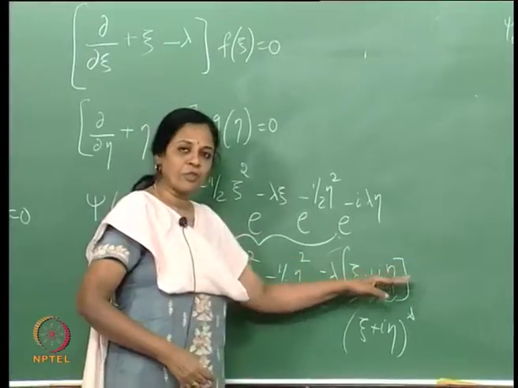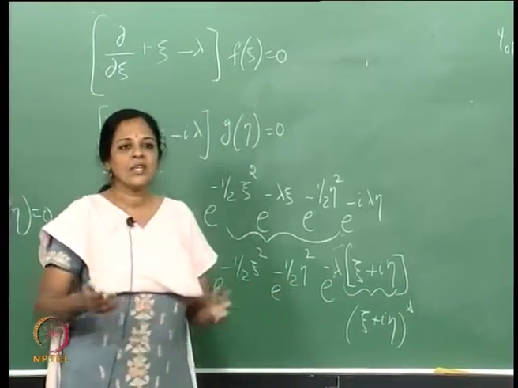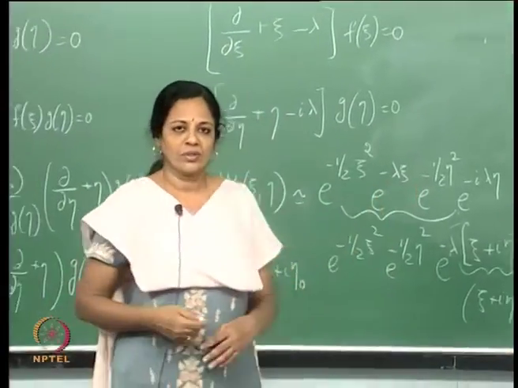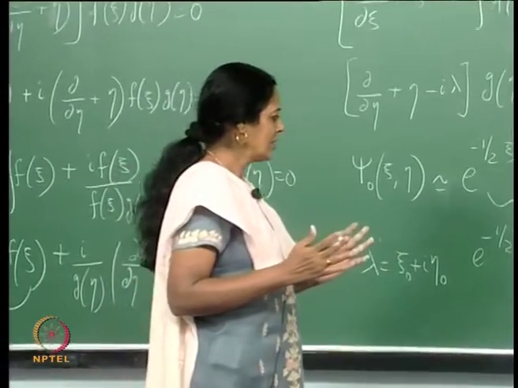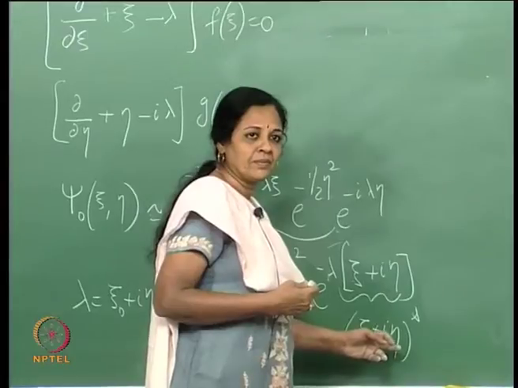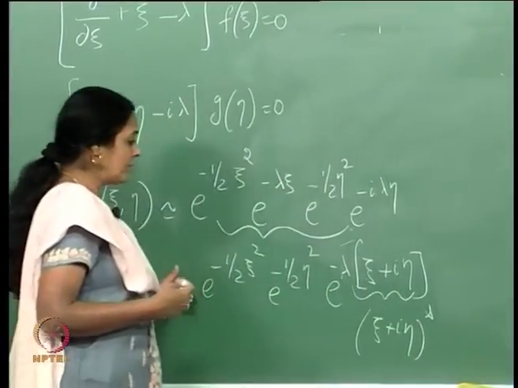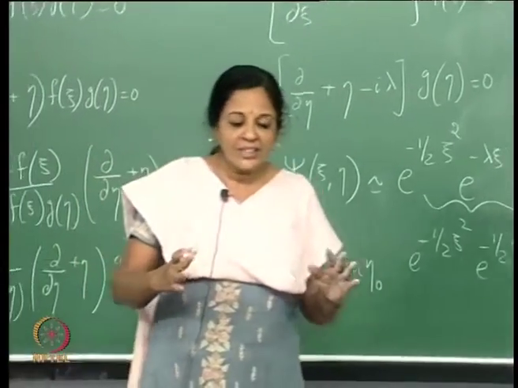There are an infinite number of terms, and they will involve zeta plus I eta to the power of s, where s takes value 0, 1, 2, 3, 4, and so on. And those are all linearly independent objects. I could choose any one of them in the solution, and therefore I have an infinite degeneracy even in the ground state.